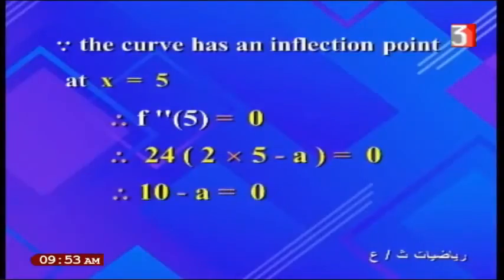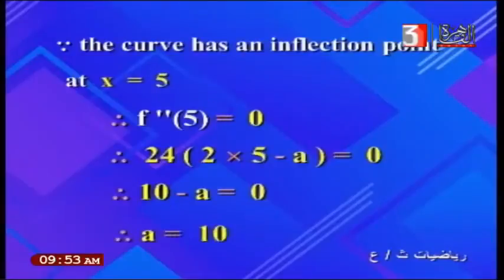Then 2 multiplied by 5 equals 10, minus a equals 0, and a equals 10. We choose the letter D. Then the value of a equals 10 when the function has an inflection point at x equals 5.